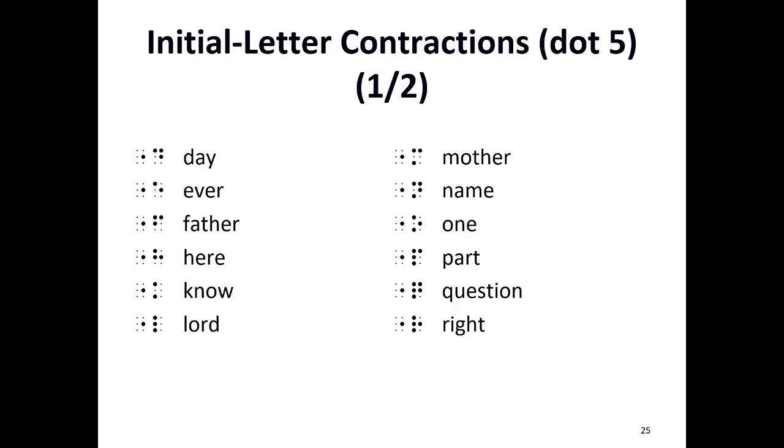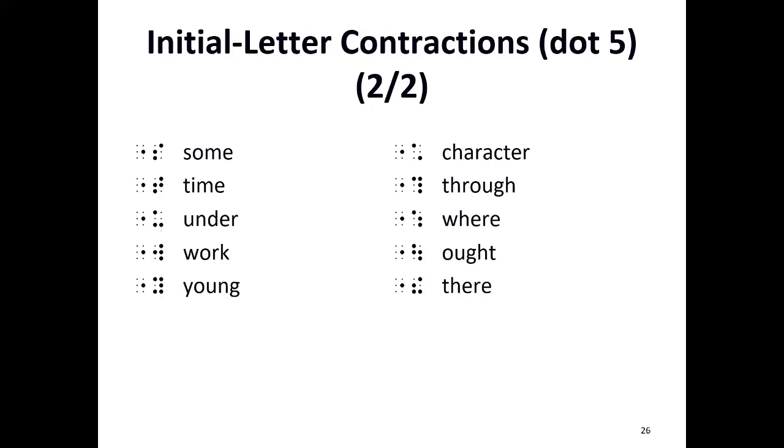The next one, ever, it's E-V-E-R. That starts with E, so that's an E there, and put a .5 in front of it to mean those letters or word E-V-E-R. And so on. There are a bunch on this slide and the next slide. Again, don't stress out about trying to remember all of these.